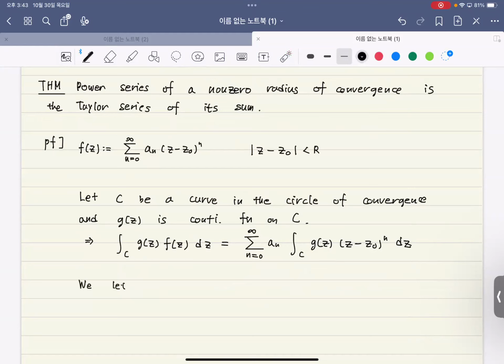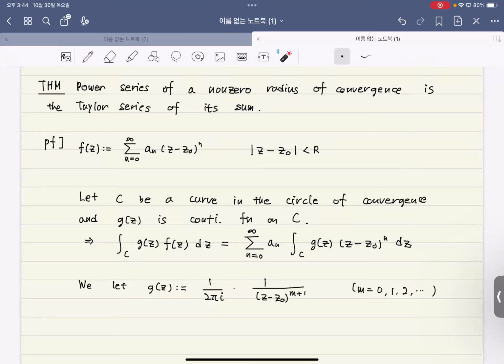In this case, I will choose my function g to be just 1 over 2 pi i times 1 over z minus z0 to the power m plus 1, where m is a number from 0 to infinity.